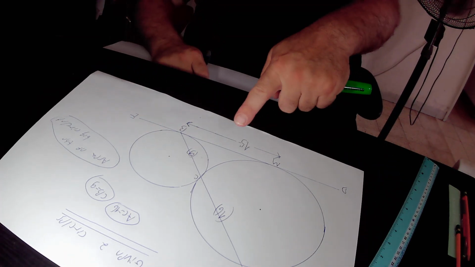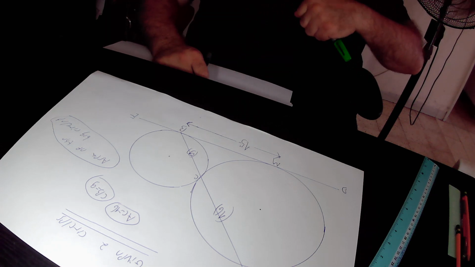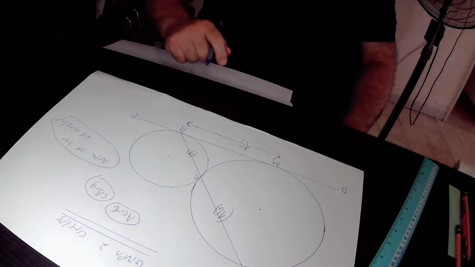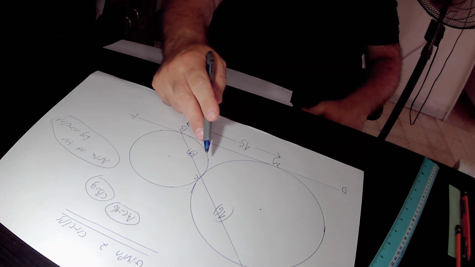Point C is the point of tangency of the two circles with each other. So from the point of tangency of the two circles with each other, we will draw a common tangent.